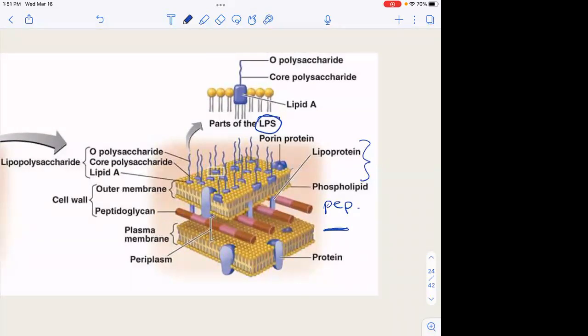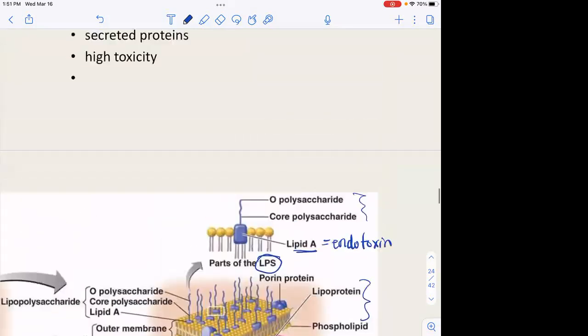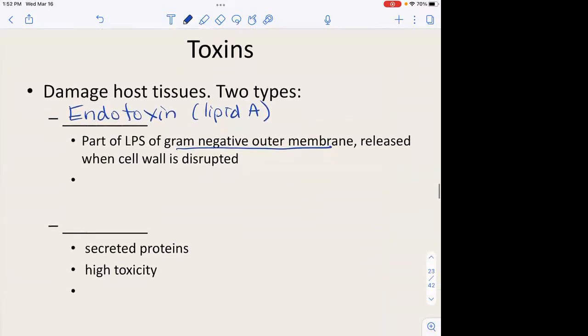And lipopolysaccharide is just made of lipid A, as well as some polysaccharides that kind of hang out of the cell there. So lipid A, that is endotoxin. I know it's on the outside of the cell, so why do we call it endotoxin? It's just a misnomer. We used to think that it was actually produced inside of the cell.